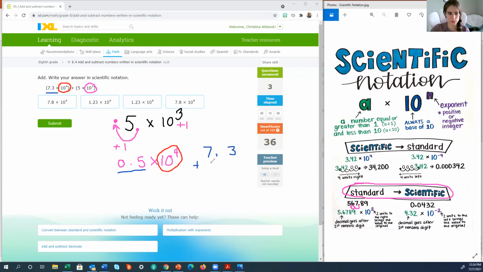Line up those decimals. 5 plus 3 is 8. Ooh, that's a slappy 8. Bring down your decimal point. 7 plus 0 is 7. And it's times 10 to the 4th. Standard form, we're good to go.